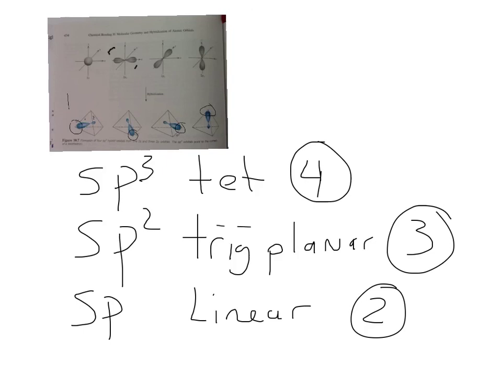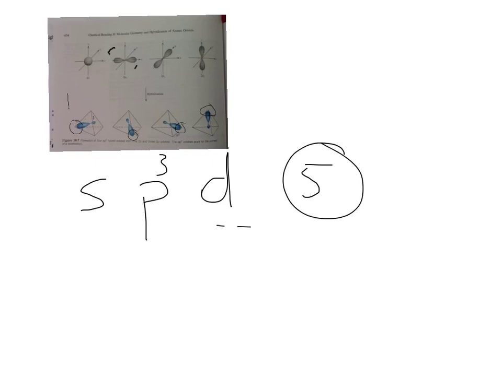There are 2 other types of hybridization, and those are the types of hybridization which we'll see with expanded octets. They now involve not only s orbitals and p orbitals, but they also involve d orbitals. And those 2 types of hybridization are sp3d, and that gives you 5 hybrid orbitals. And if you add up the total number of atoms bonded to the central atom plus the number of lone pairs on the central atom, if you come up with 5, then the hybridization on the central atom is sp3d.